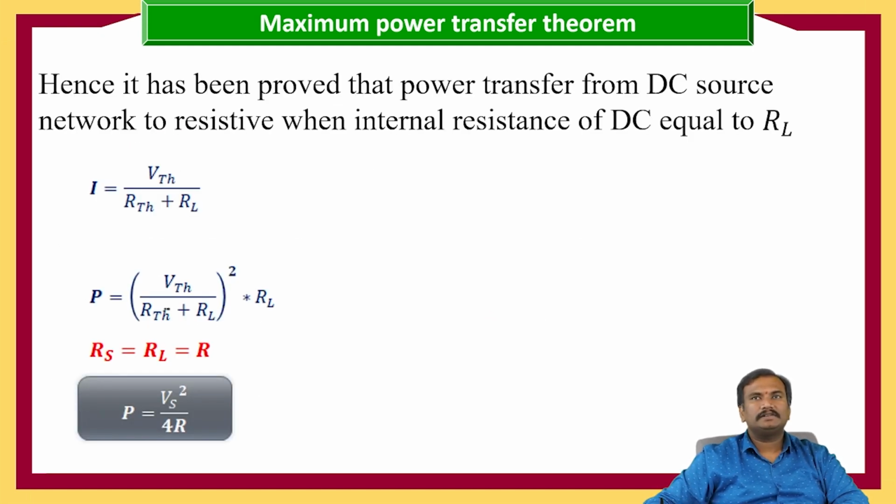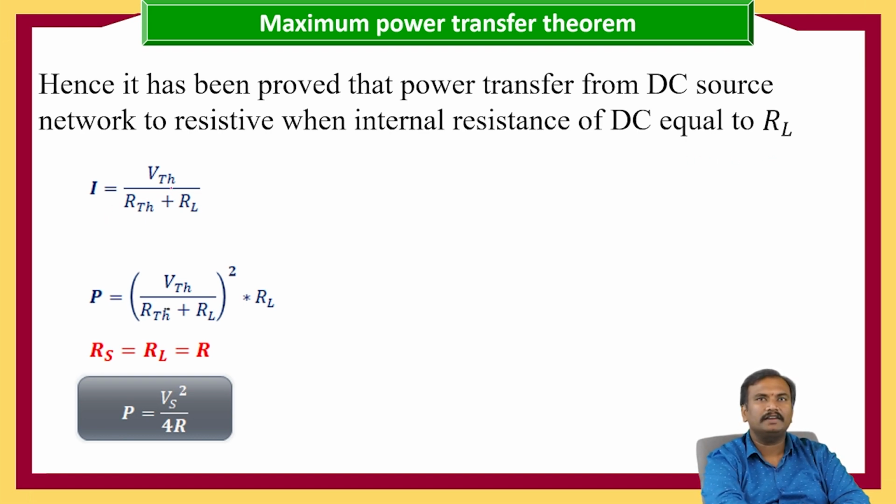Hence, it has been proved that maximum power is transferred from a DC source network to a resistive network when the internal resistance of the source is equal to the load resistance.